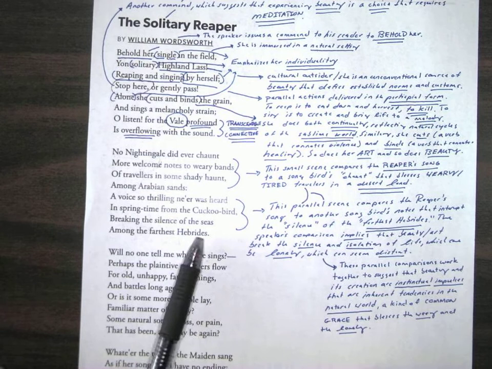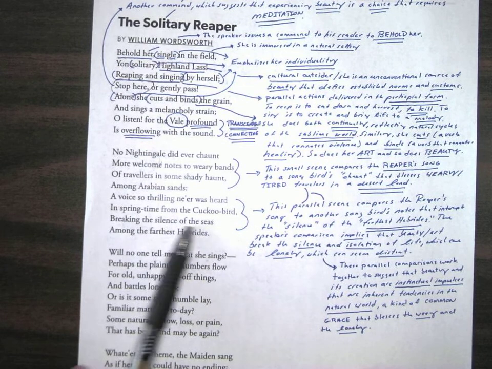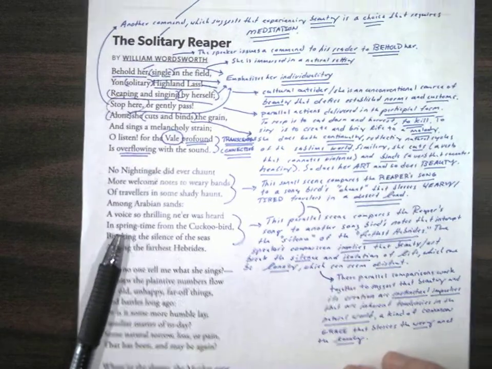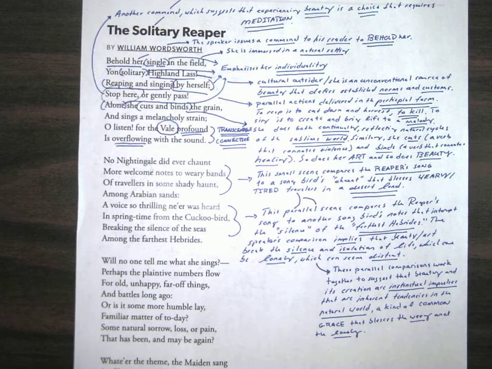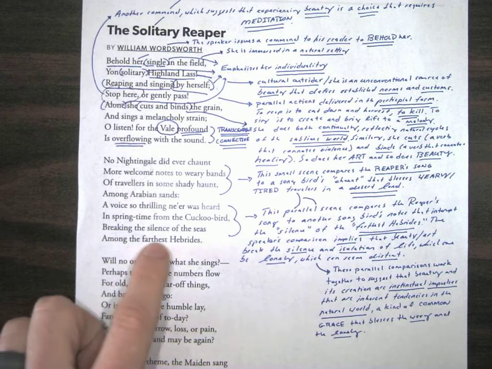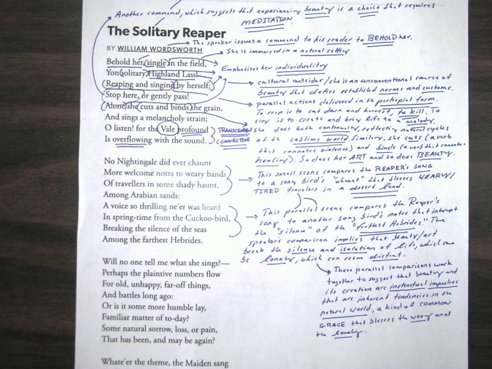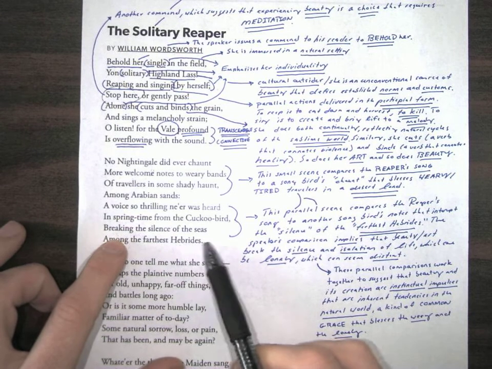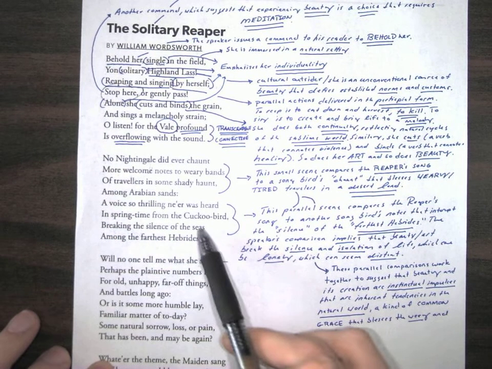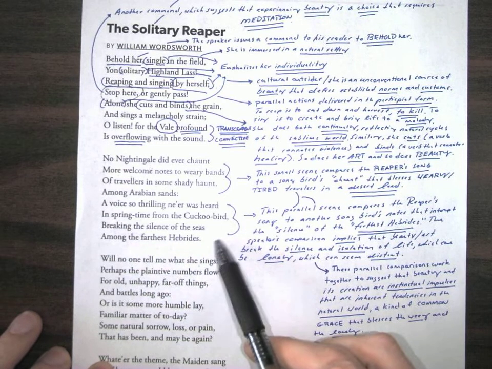So, the connotations of the image of the farthest Hebrides. The Hebrides were largely uninhabited islands off the coast of Scotland, and these islands give us an image, a mood, of isolation. The silence of the seas. Now, obviously, seas are never completely silent, there are waves, but what is communicated through the image is an isolated, lonely, quiet existence.